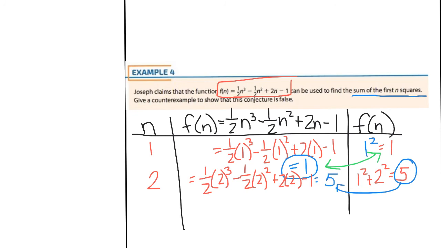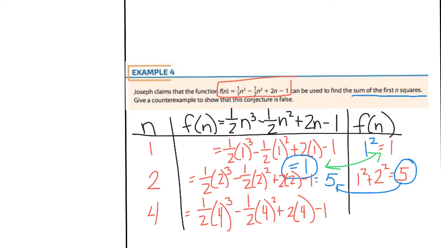I'm going to skip 3, and I'm going to move to 4, just for the sake of space on my screen. If I plugged 4 in, this becomes 1/2 of 4 cubed minus 1/2 of 4 squared plus 2 times 4 minus 1. Now, again, if I used my calculator and did that math, that gives me the number 31. That's the formula.